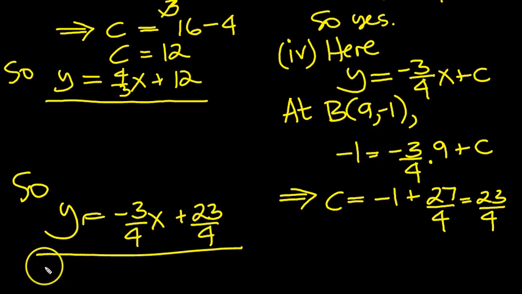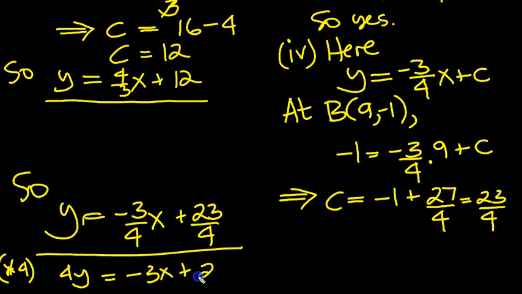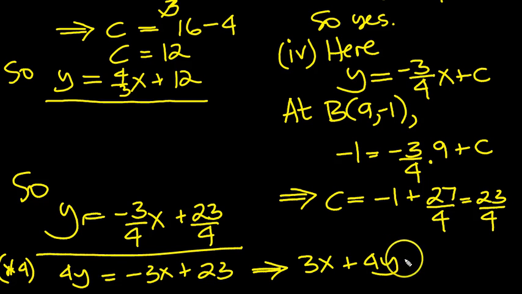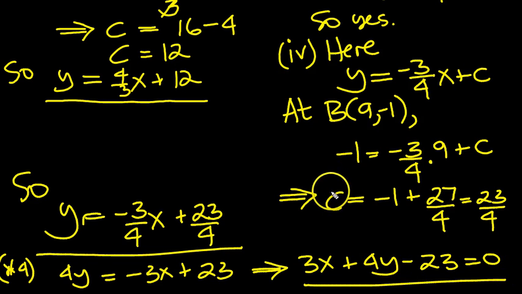Now we can move things around if we want, times by 4 all the way through. 4y equals minus 3x plus 23. And then we can also write it in the form of, move the 3x over, 3x plus the 4y that's already there, then move the 23 to be with them, and that will equal 0. So either of those two is fine as the equation of the line. Okay then, that's part 4 done. Good.